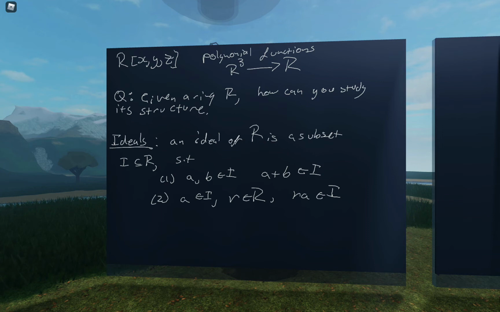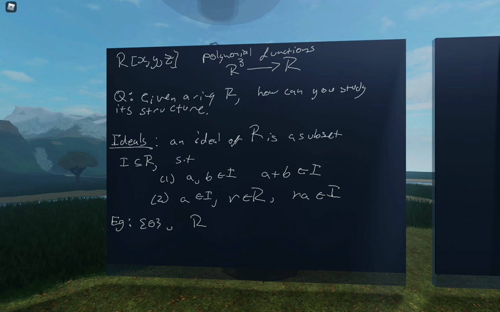So in every ring, there are two specific ideals that appear: the set which contains 0, because if you add 0 to itself, you get 0 again, and multiplying anything by 0 gives you 0. And the other ideal that's in every ring is the whole ring itself.